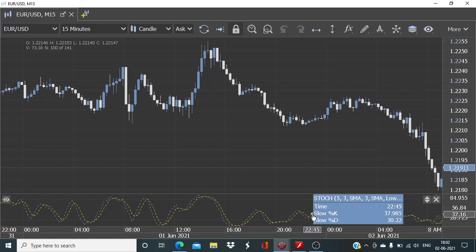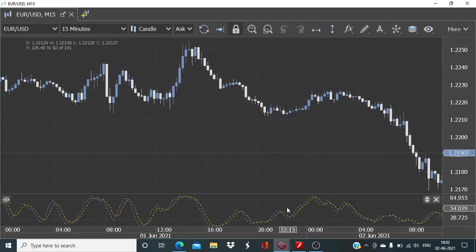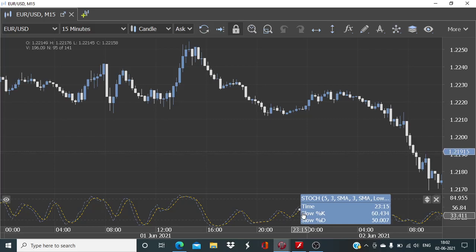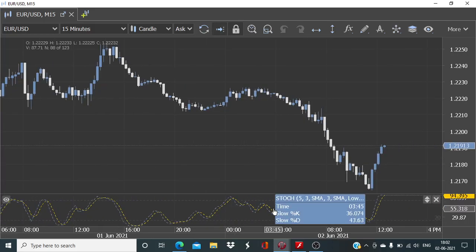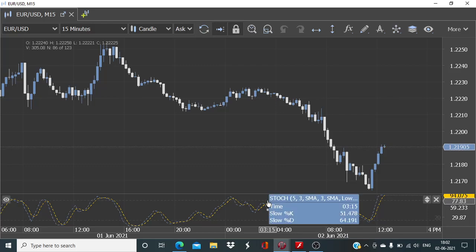We will need in the last 15 minutes the slow K value to have risen above the slow D value, whereas in the penultimate 15 minute candle the slow K value was below the slow D value. So in the last 15 minutes this crossover is taking place within the defined output band of 50 and 20, and in case of the sell, the band for the output values will be within 80 and 50.